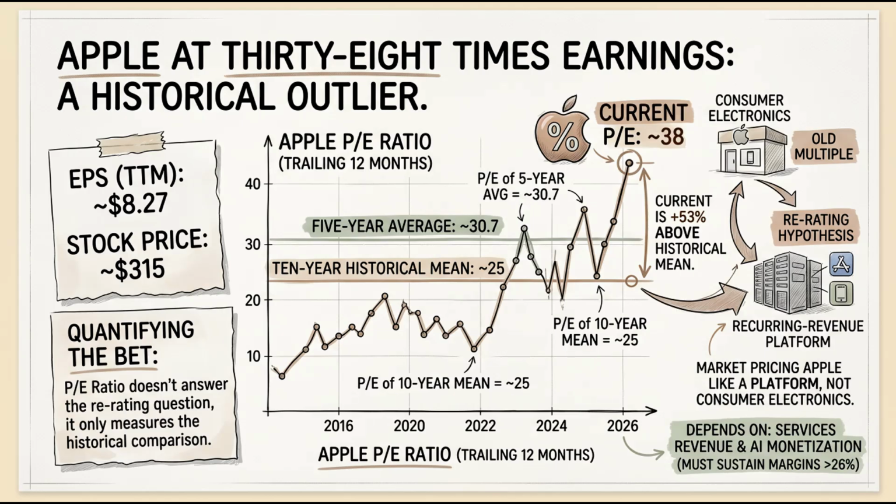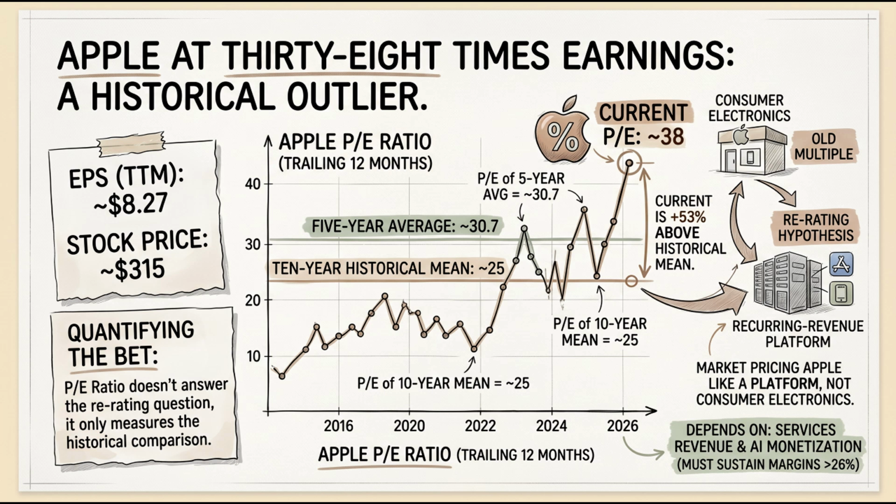Let's look at a concrete example: Apple. Its trailing price-to-earnings ratio stands near 38 as of mid-2026, which is 53% above its 10-year historical mean of roughly 25. Its 5-year average is approximately 30.7, meaning the current multiple exceeds even the recent elevated norm.